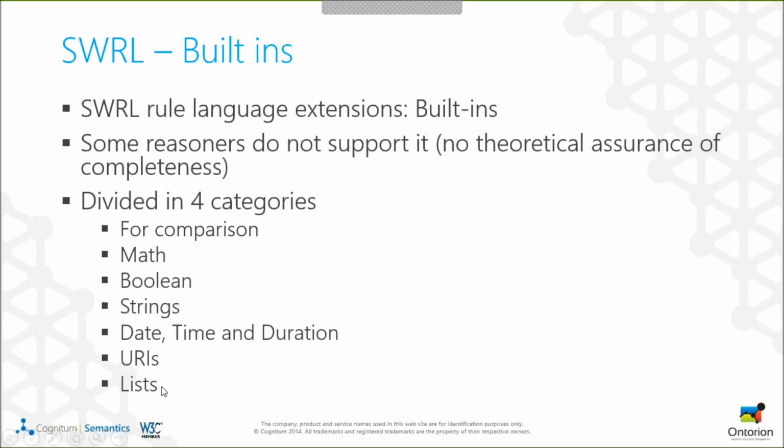In general, the most used are for comparison. For example, in a SWRL rule, you can compare values, so you can express a rule in which you are searching if a value is greater than another, or things like this. Then you have the math category, in which you have all functions that deal with mathematics, for example the square root, or multiplications, or things like this.